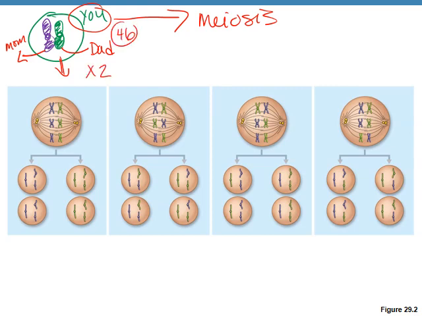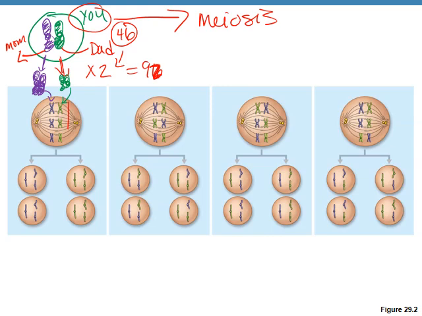We started with 46. I'm going to copy all the chromosomes and get, oops, I lied, 92. So what happened to these? What happens to this chromosome? Copies itself, right? So now I have 2 of them. What happens to the chromosome that originally you got from your dad? Well, it copies itself.